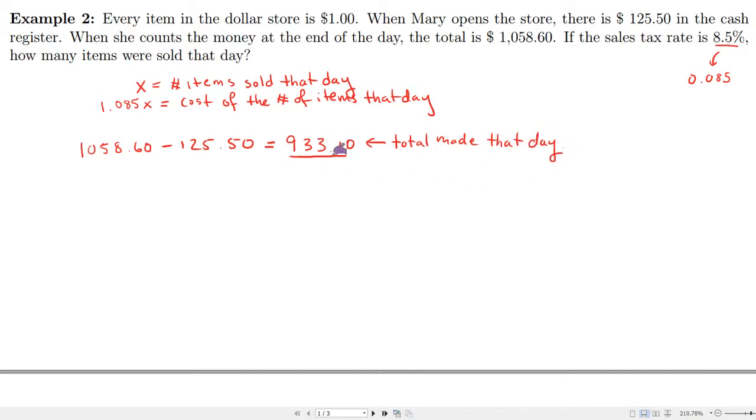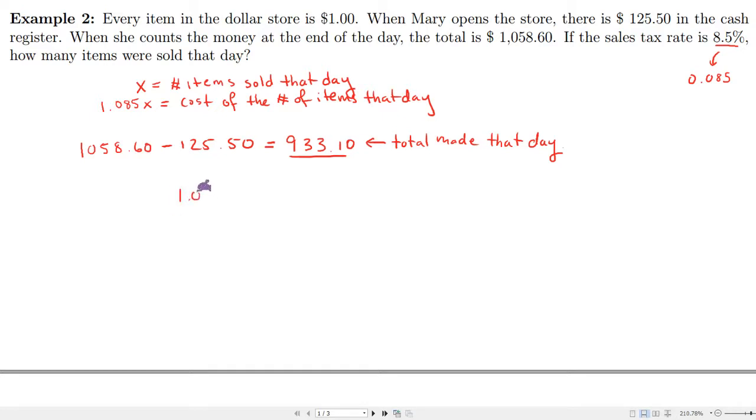Okay, and now we're going to use this in our equation. So what is our equation? Well, if the cost of the number of items that day is this right here, and this is the total that's made that day, then we're going to set these equal to each other, and then just solve for x, which would be the total number of items sold that day.